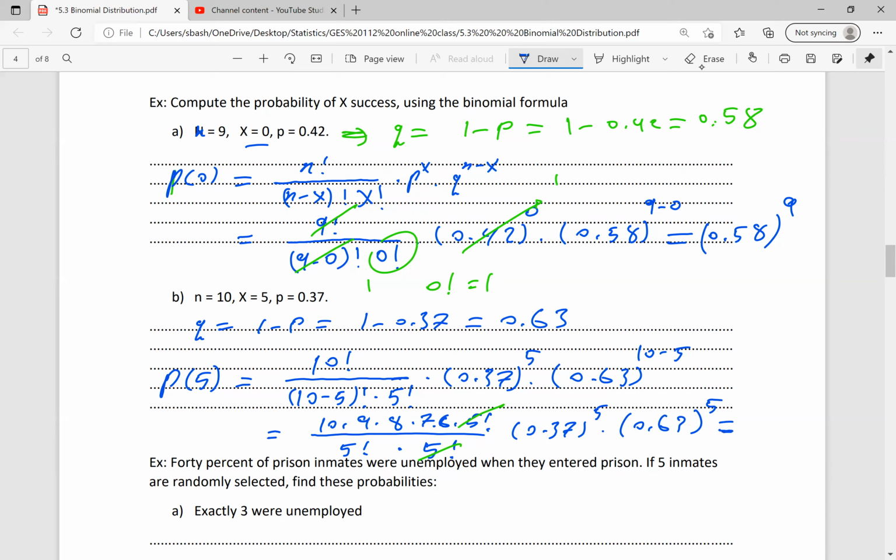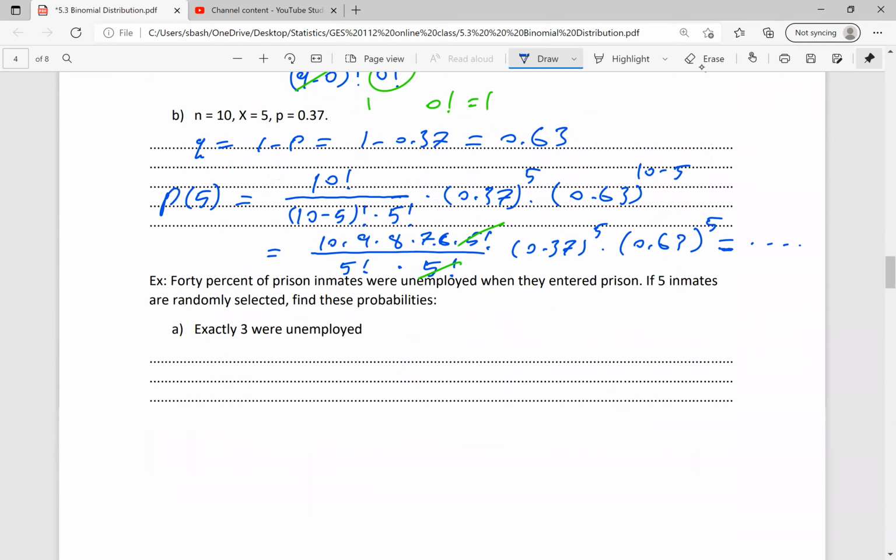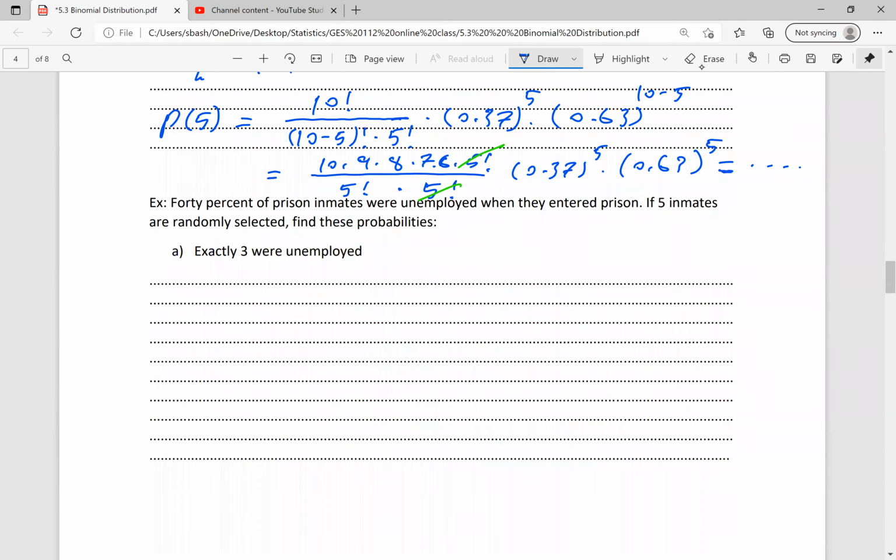You can use the calculator to find the value for this probability. There is not enough space, so I will leave this and just use the calculator.